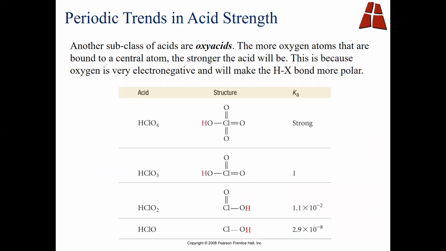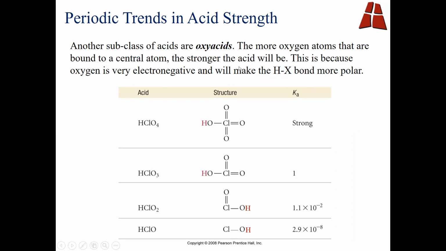Okay. So there is another class of acids that we haven't quite yet talked about called oxyacids. And so you've already seen these in some regards. For example, perchloric acid, HClO4, one of our strongest acids. What it means is our hydrogen is going to be bound to an oxygen, which is bound to a central atom that has other oxygens coming off of it.